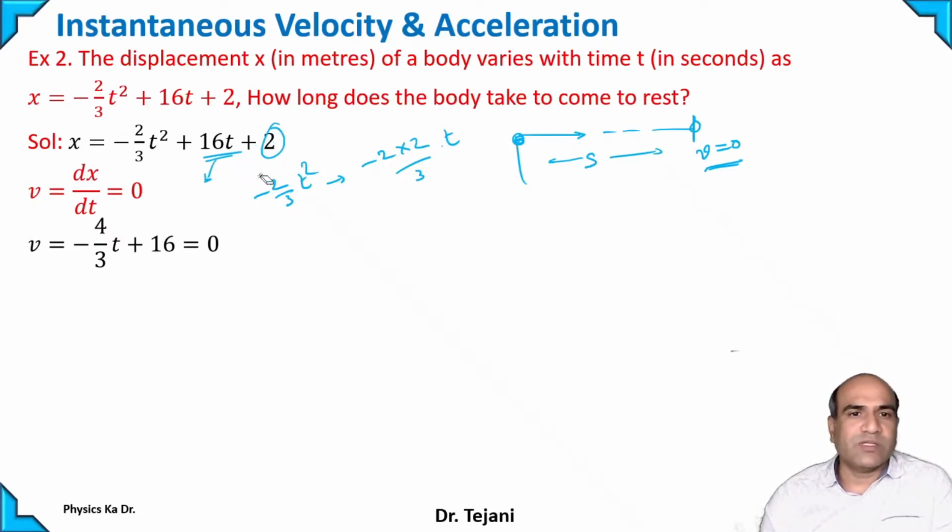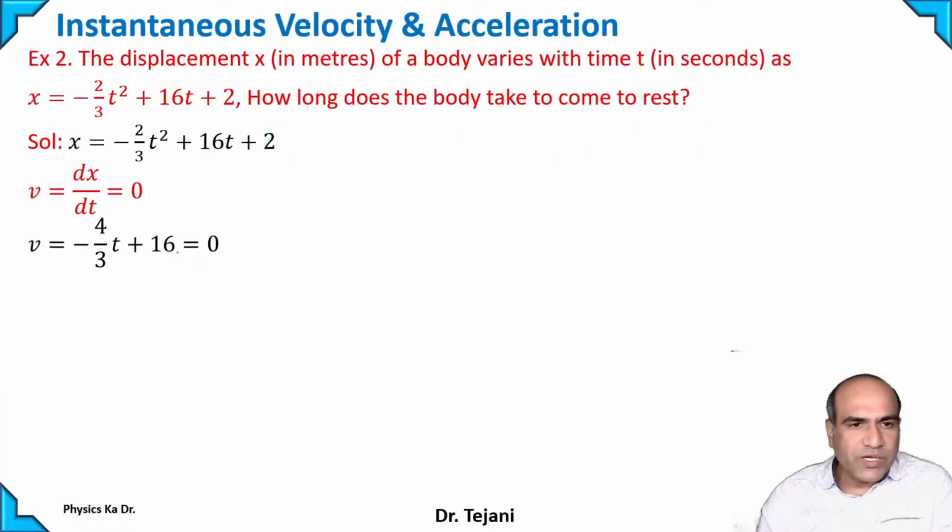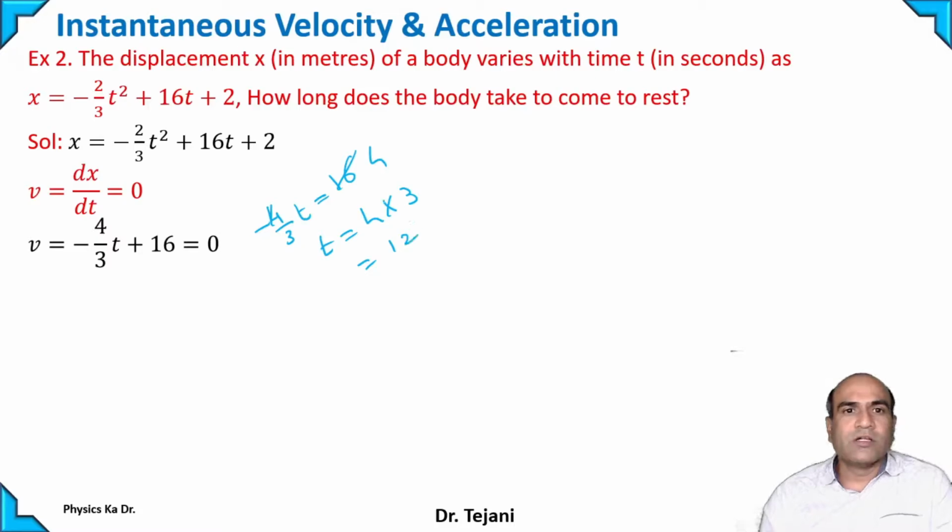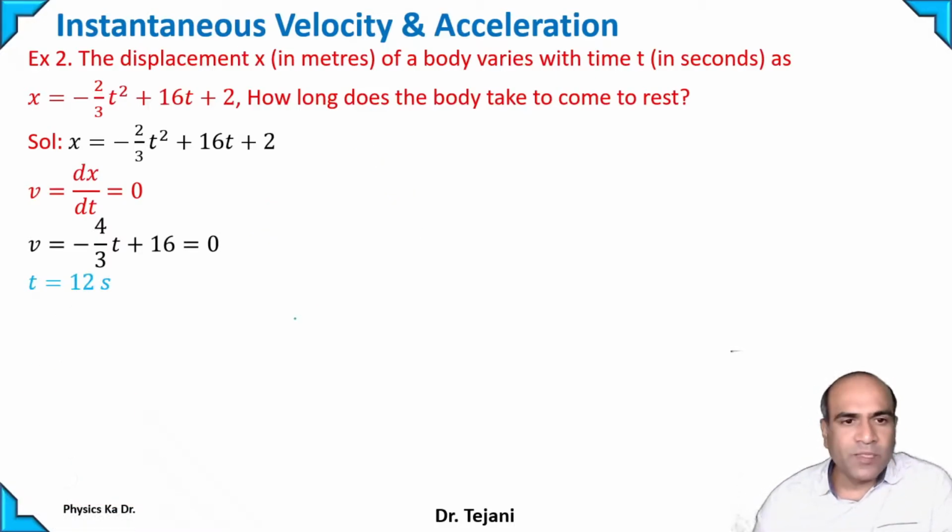So we can write minus 4 by 3 t plus 16 is equal to 0, so 4 by 3 t is equal to 16. You can divide this, so t is equal to 4 multiplied by 3, which is 12 second. 12 second is our correct answer.